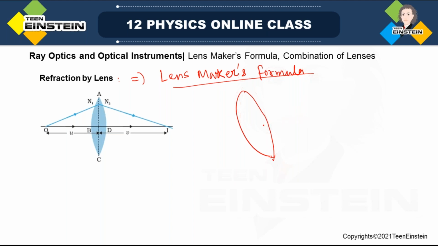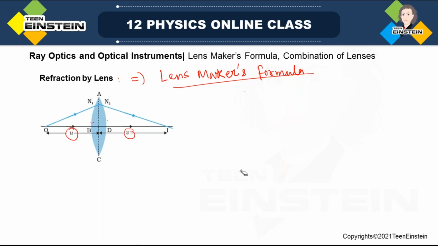So how do we use the knowledge we have for a single spherical surface to derive an equation which will relate the object distance, image distance, and the radii of curvature of these two spherical surfaces? We'll see now.